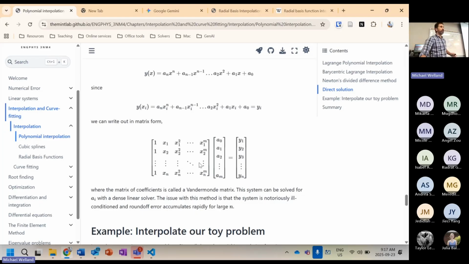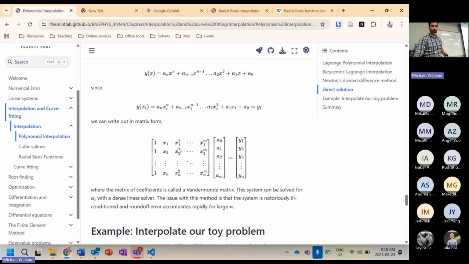The matrix of these coefficients, you actually evaluate this. You know beforehand what your xi's are, because you have them from before. So this matrix actually gets written out numerically.